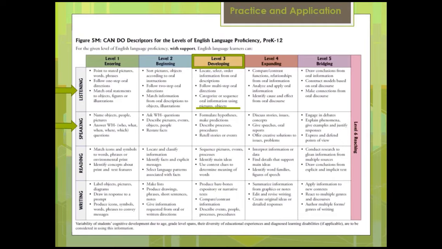In speaking, they could retell the story they just heard with a peer. In reading, they can sequence pictures, events, or processes. In writing, they can describe the events, people, processes, and procedures.